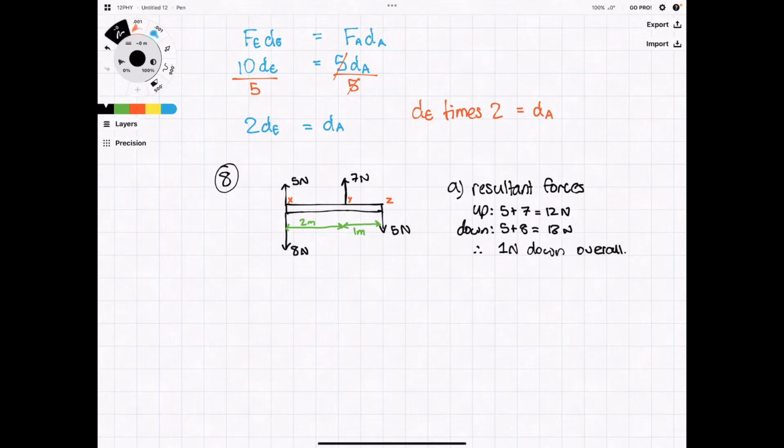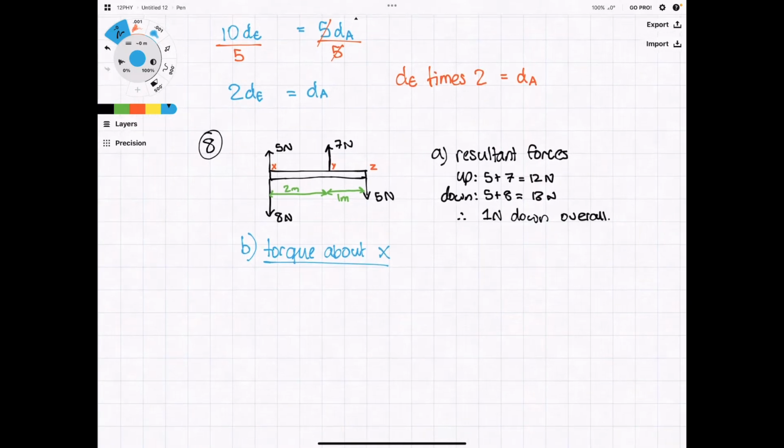If we think about torque, the total torque for B. Okay, so let's go B. Torque about x. Okay, so that's the question. Talk about x. X now becomes our pivot. So what we're going to do is we're going to redraw it just for x.